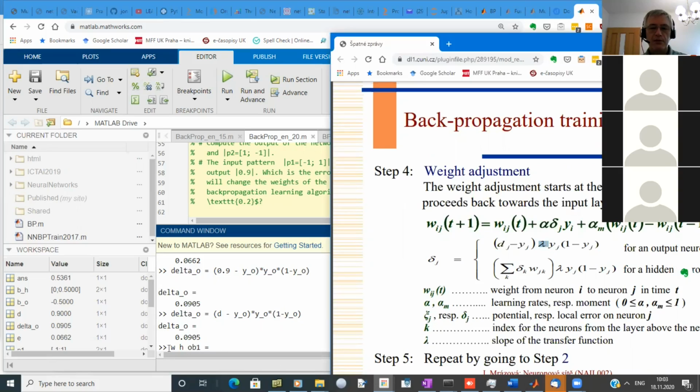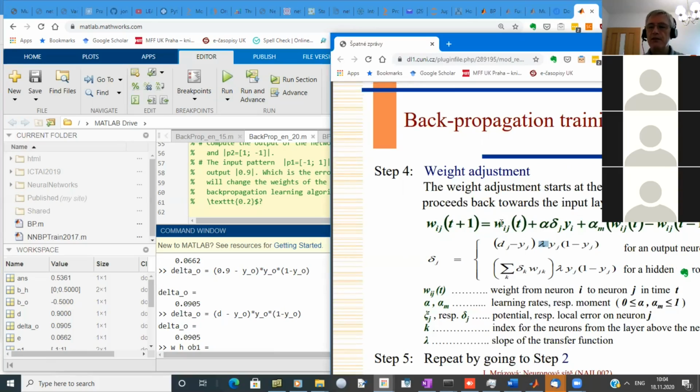So how to compute the weights from hidden to output layer after applying this formula? Without the term with alpha sub n, we don't regard momentum for now. As you see, the formula is very natural.